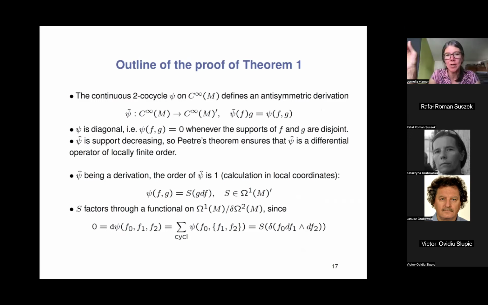We start with an arbitrary one, and then we show it is diagonal, and so we use Peter's theorem. We write it as a derivation, and this step is the ugly one, where we show the derivation is of order 1. It's a calculation in local coordinates, and it's like a bootstrapping.